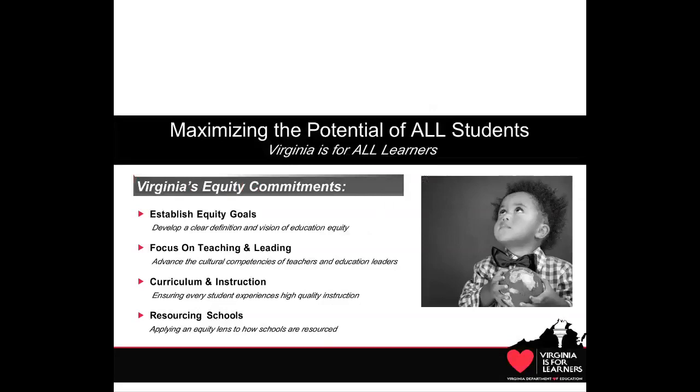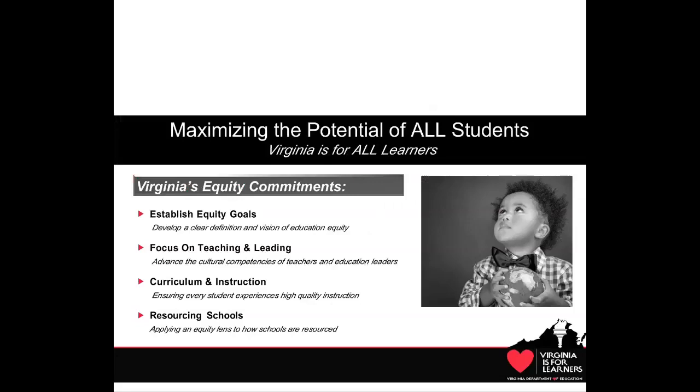Okay. So part of the work that we've done in the Commonwealth is we have established equity commitments for the state. And this really is how we guide our work and frame our priorities for how we're going to achieve equity. It's important to note that for us in Virginia, equity is not an initiative of the Commonwealth of Virginia.